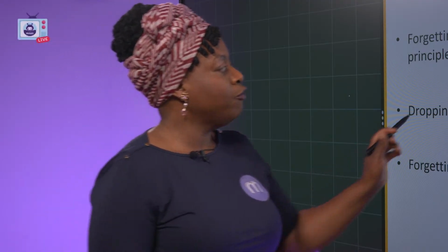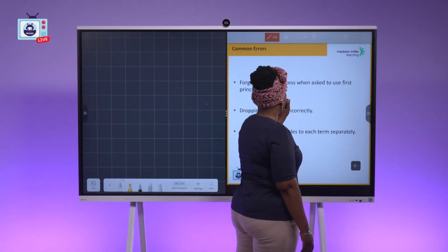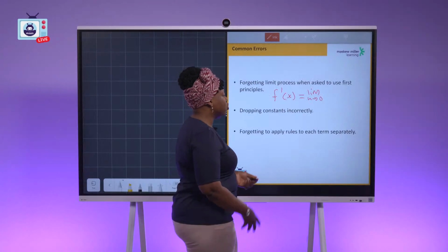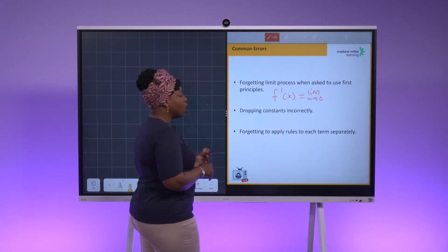You have seen, for example, that in the first principle the limit is written right after the equal sign, not before. So always when you are copying down this formula, make sure that you adhere to this particular structure, because if you write the limit before the equal sign, then the statement is already incorrect, right?